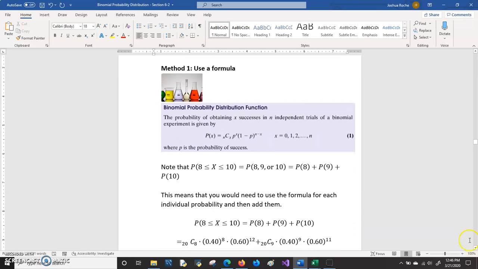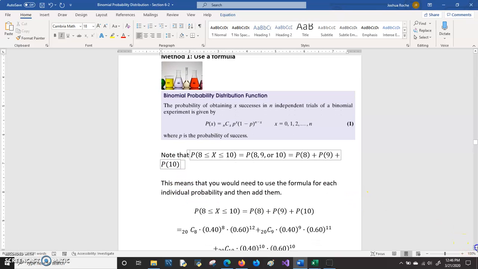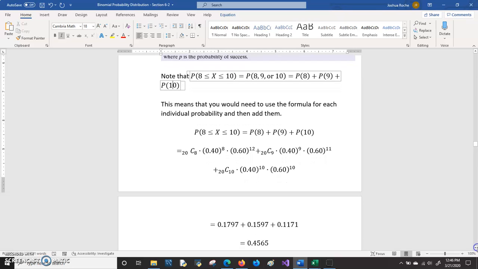One way is you could use a formula. So remember that probability that x is between 8 and 10, that's the same as saying that x is either 8, 9, or 10. And so we could find each of these individually using a formula and then add them up. So here are the formulas.